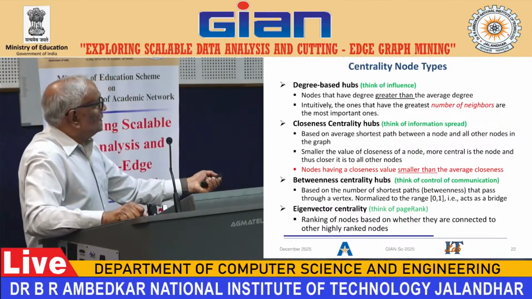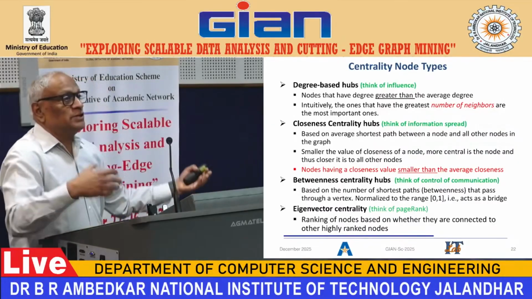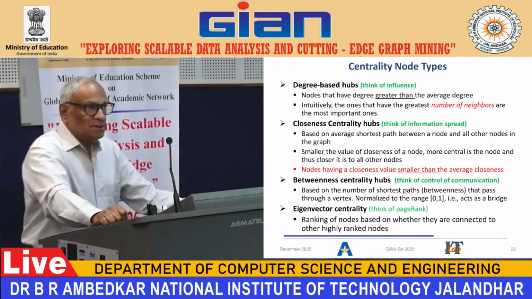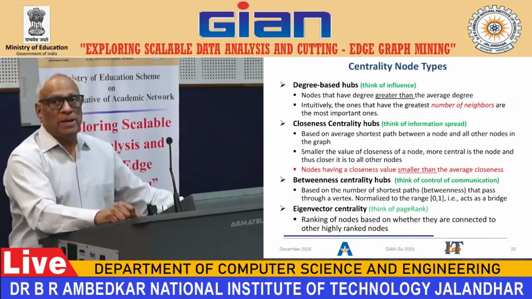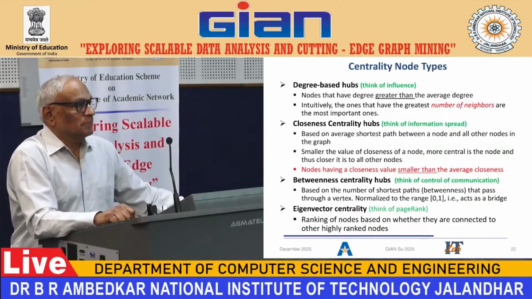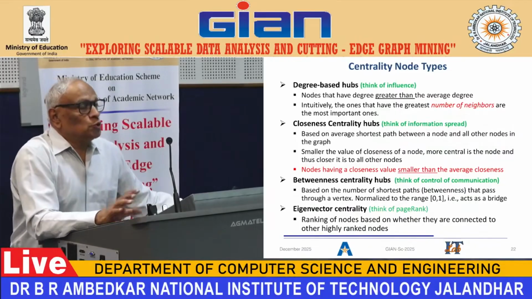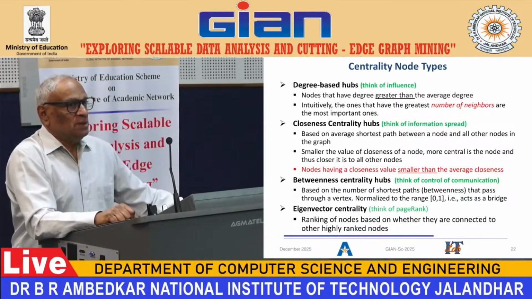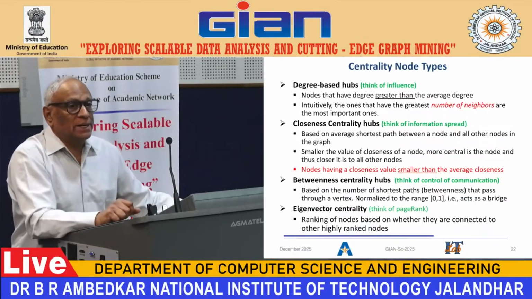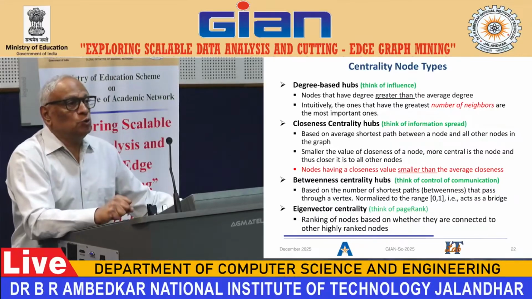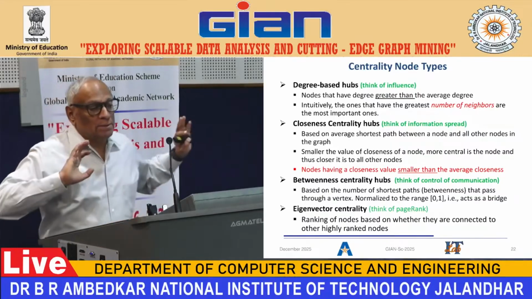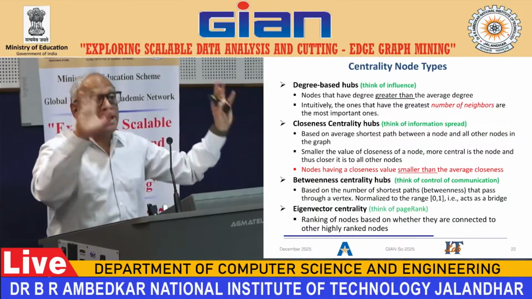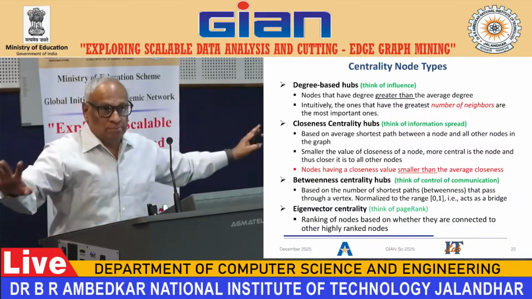Closeness centrality says think of information spread. If you want to spread information fast, who do you choose? For that you want to use a different criteria. You want to choose somebody who can spread information very fast to a lot of people.